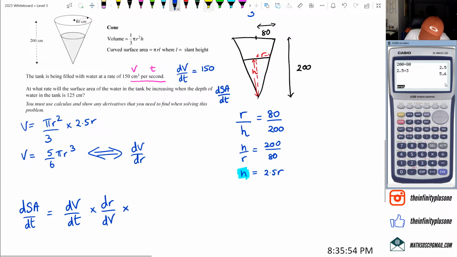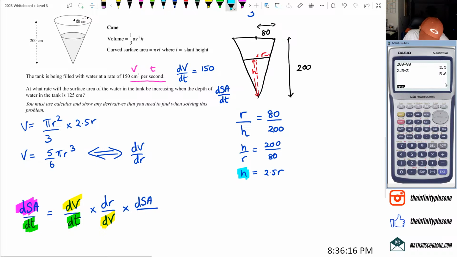Then what's remaining? So this is how I do it, right? I go, okay, there's a dV there and a dV there. That's going to cancel out. There's a dt there. Well, I've got dt on the other side, so I don't want to mess around with the dt. I want to leave it there. I need a dSA on the numerator, because look, I need a dSA on the numerator. So I'm going to put that on the numerator.